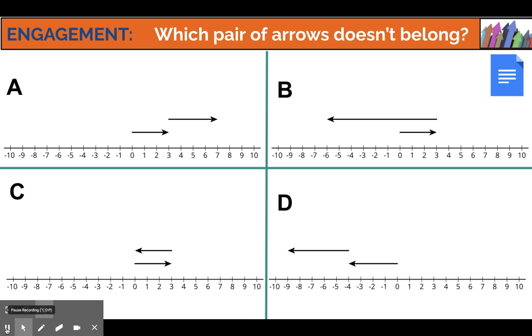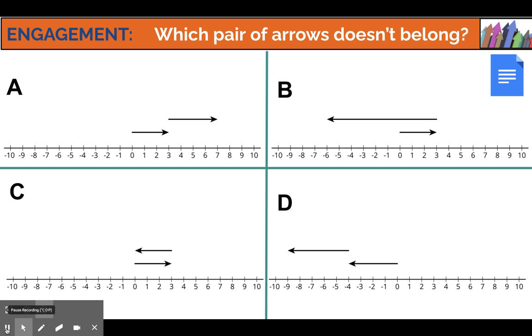All right. Doing this activity might have seemed somewhat of a struggle because it's hard to determine which one doesn't belong. For this particular activity, there is no correct answer. For instance, you might have said A because it is the only one where both arrows point right, or you may have said B because it is the only one where the arrows point in opposite directions and are different lengths.